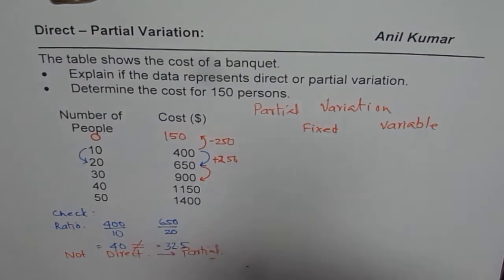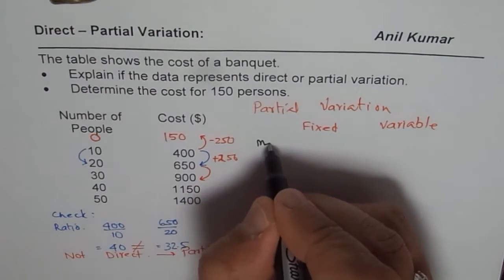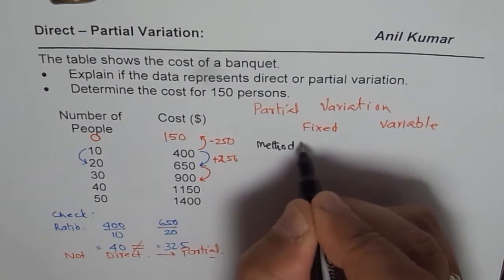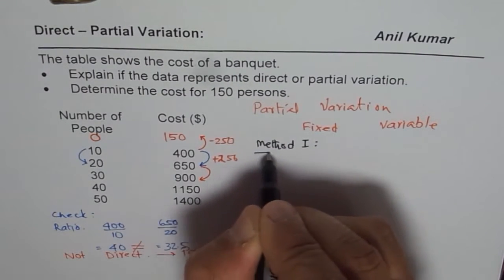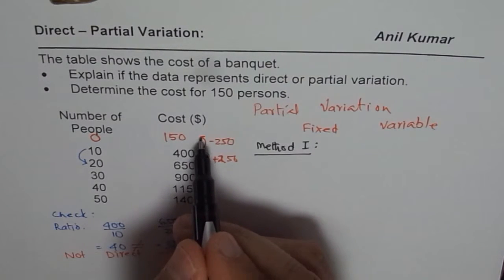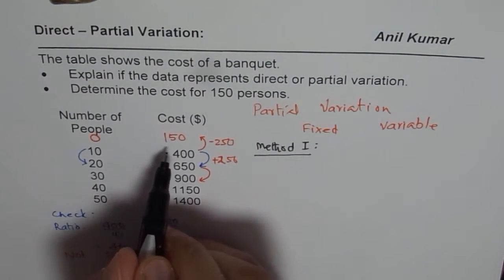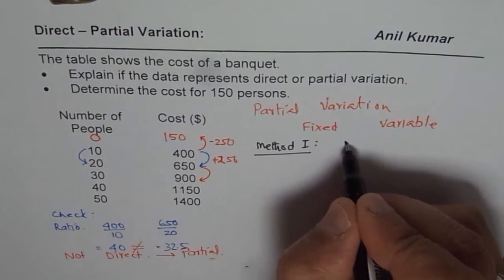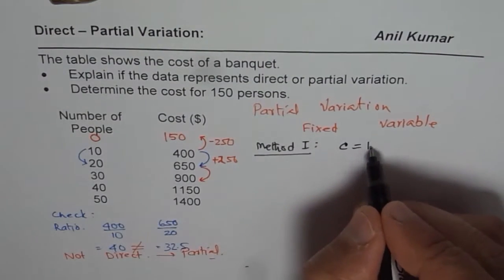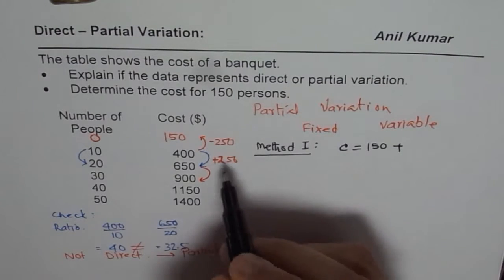So let me teach you two methods. This is my method one. This is an excellent method, normally not discussed in books. We found the cost for zero persons, 150. This is my fixed cost. So cost is equal to fixed cost of 150 plus variable.